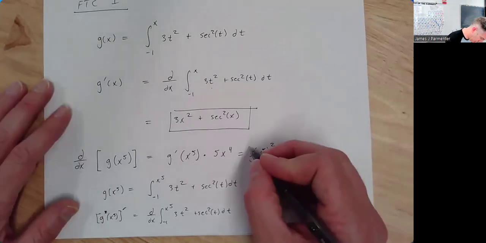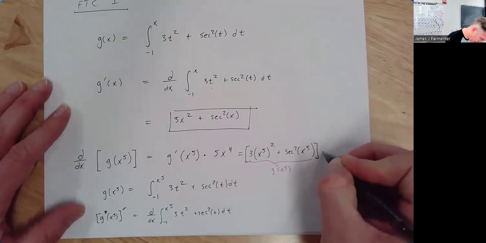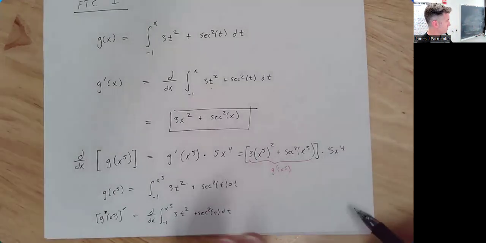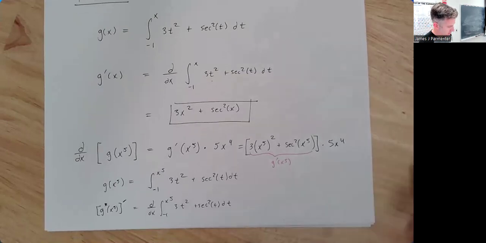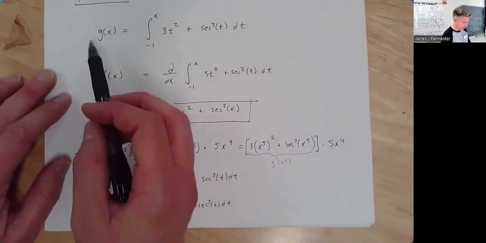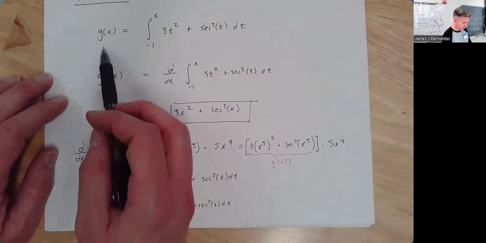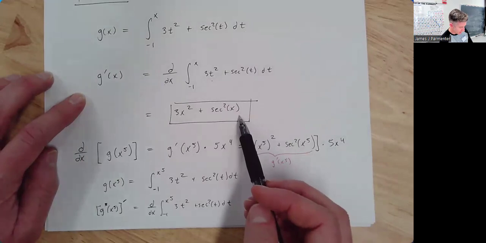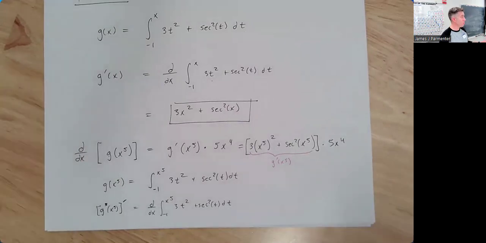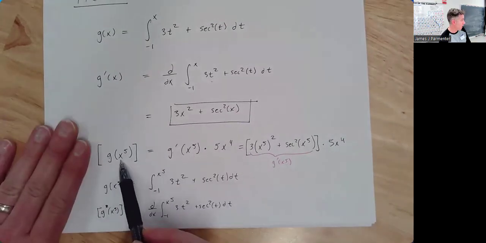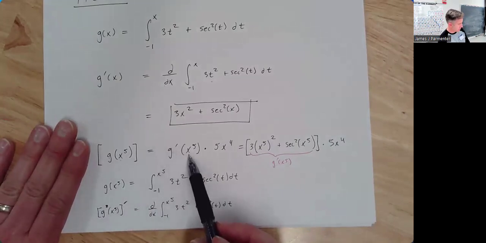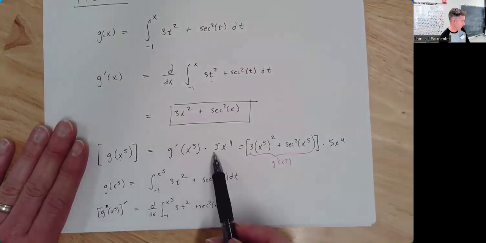So hold on for just a sec. Times 5x to the fourth. So I just want to make sure everyone's cool with what I'm saying here. All I'm saying is, I know that the derivative of g of x is g prime of x, which is that. And if I use just the normal chain rule for g of some new stuff, the derivative of g of some stuff is g prime of that stuff times the derivative of that stuff.